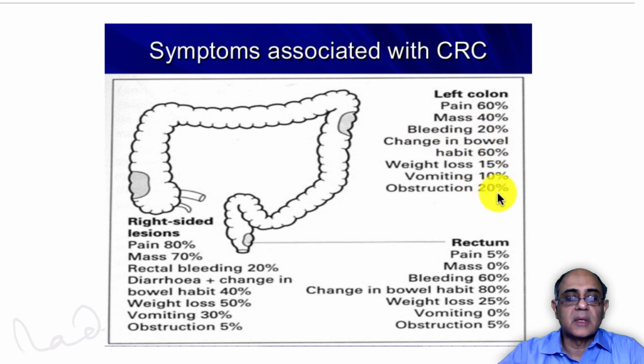Patients will have obstructive symptoms in 20%. On the right side, it is 5%. And the rectal tumors, because they are very close to the anal canal, what will be the major symptom? Bleeding and change in bowel habits, which will be immediately reflected. 80% change in bowel habits signifies that something is going on in the rectal area.